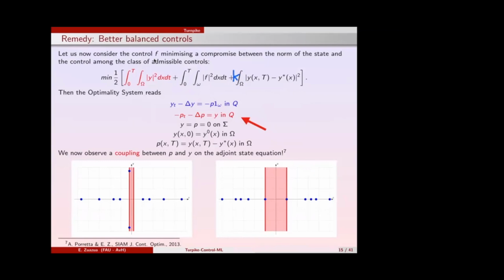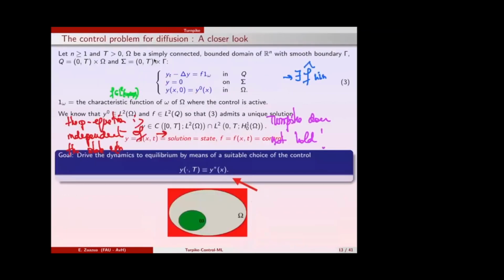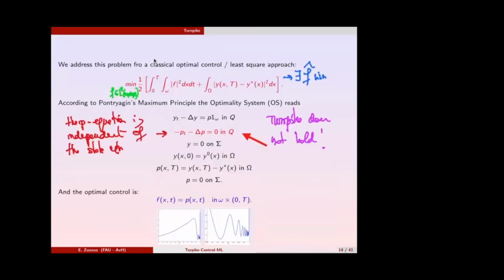But again, if I have done that here, I will not have changed the fact that the Turnpike principle fails, because then I will have a multiplication constant here, but I will still have the P isolated behaving that way. It will be again a slightly different solution, but it will have the same pattern.